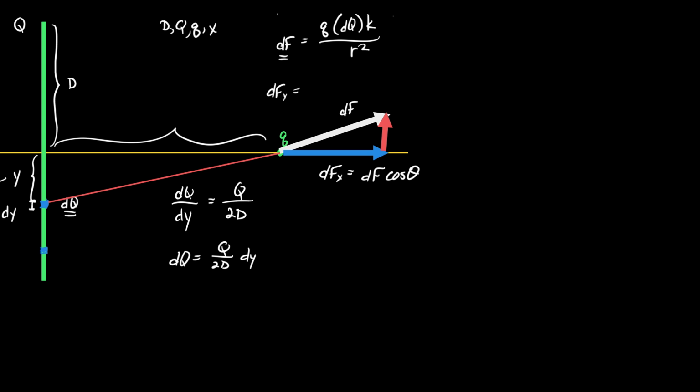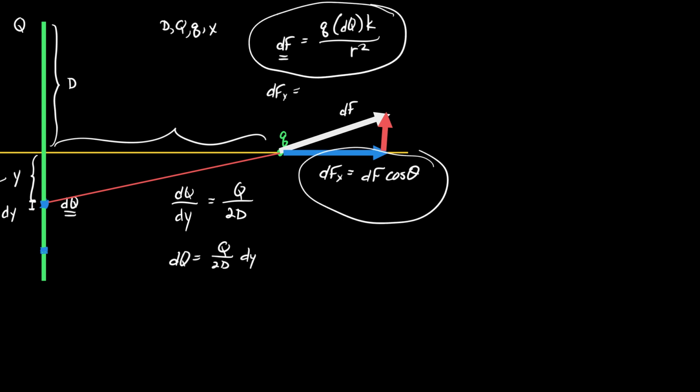Now, I have a function. I have an addendum to that function, and I have a way of expressing the charge in terms of position. You need to bring all of these things together and try and convert this into one relationship where only one variable is changing.